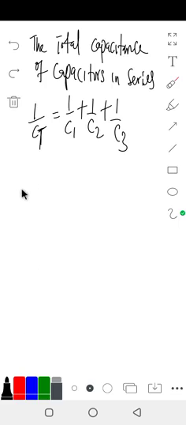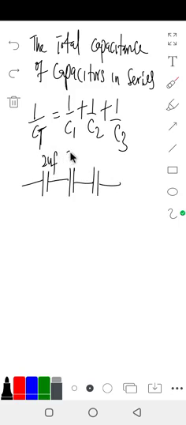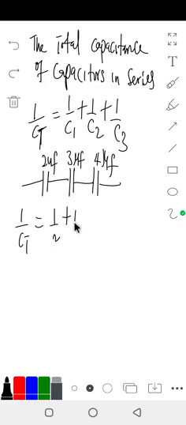Take note of that. For example, when you have 3 capacitors in series, let me assume this one is 2 microfarad, 3 microfarad, and 4 microfarad. If the question says calculate the total capacitance or the net capacitance, I will say 1 over CT equals 1 over 2 plus 1 over 3 plus 1 over 4.